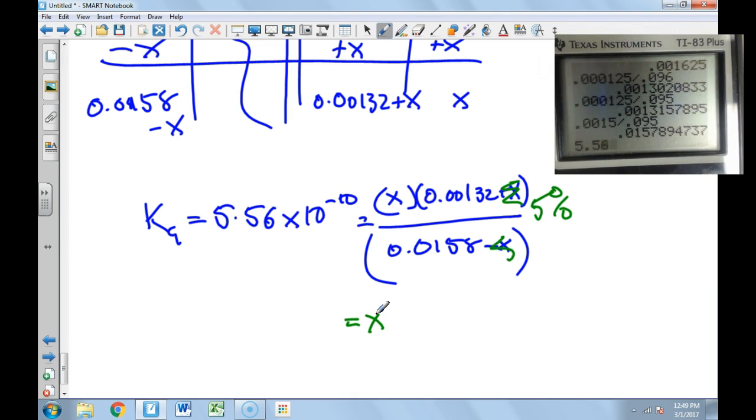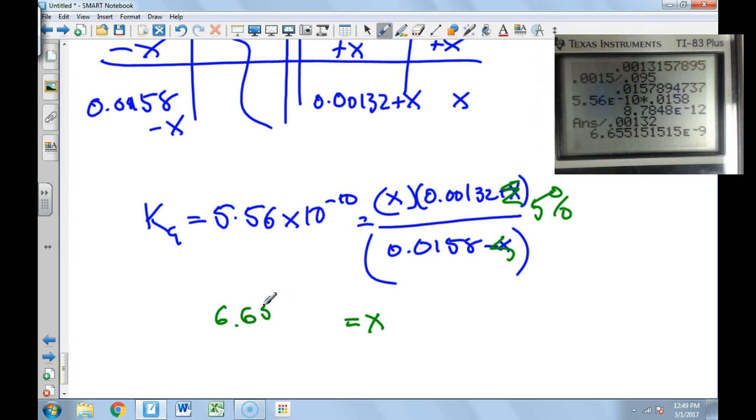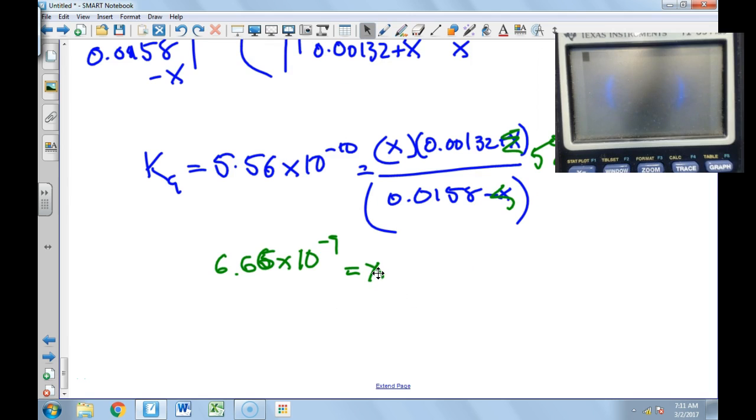So 5.56 times 10 to the minus 10 times 0.0158 divided by 0.00132. Okay, so this is X equals 6.66 times 10 to the minus 9 is equal to X. Now that we have X, we can take the value that we had.